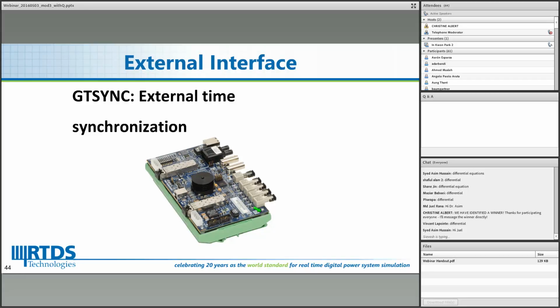This card can bring an external high precision clock reference, such as a GPS, into the RTDS, and then regulate the internal clock of RTDS in order to match it with that external clock reference. Then we can run the RTDS side by side with the real system, because the clock is precisely matched with the real world clock.